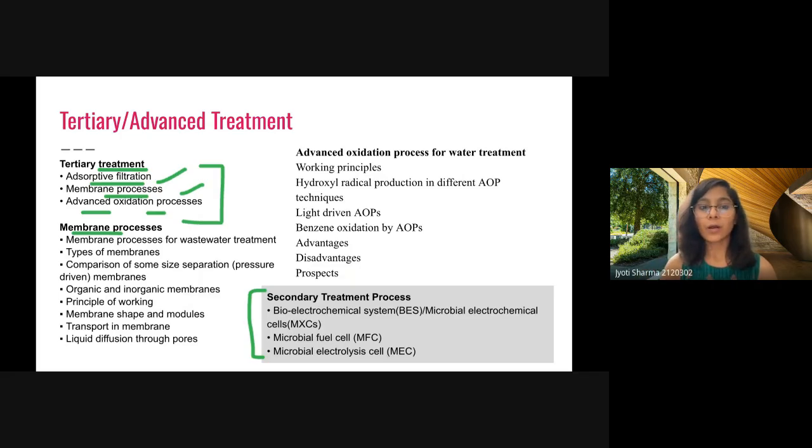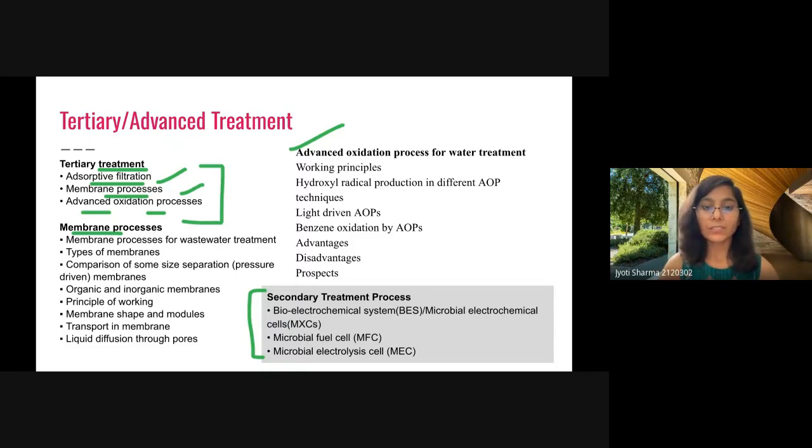Then we also touch advanced oxidation processes. This is very important because whenever we are using reverse osmosis or RO in your household, we also use some advanced oxidation processes. For example, we use ultraviolet radiation along with ROs to treat the water. So this is what we will cover today.